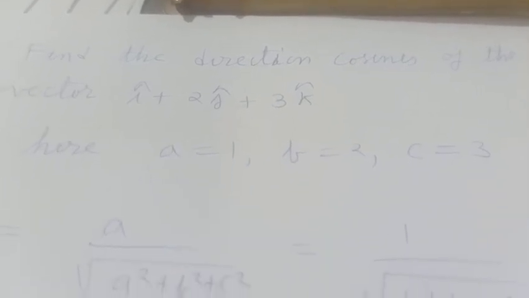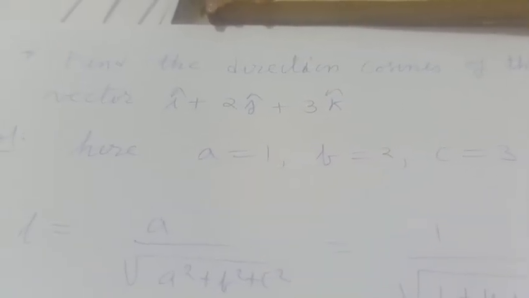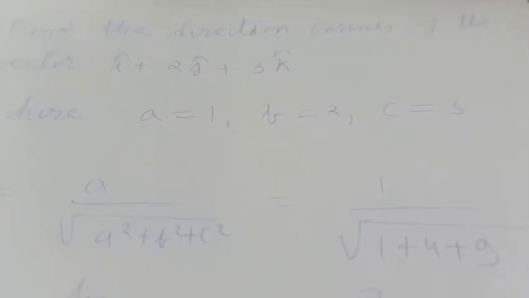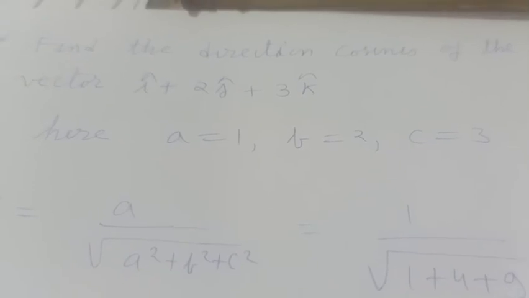Again, next question, find the direction cosines of the vector i plus 2j plus 3k. So we have to find the DCs or direction cosines of this vector. We will take the coefficients of i, j and k as a equals 1, b equals 2 and c equals 3. a, b, c are direction ratios.